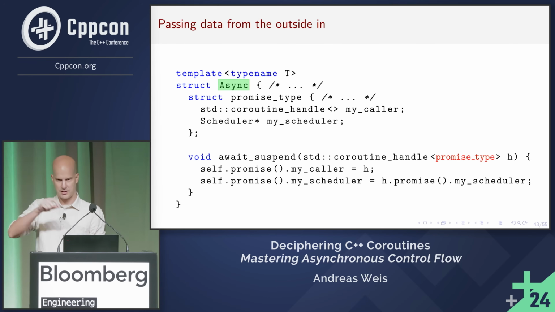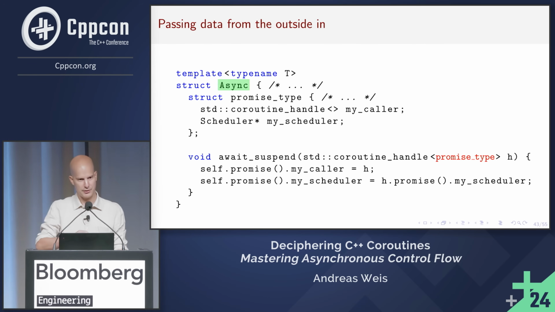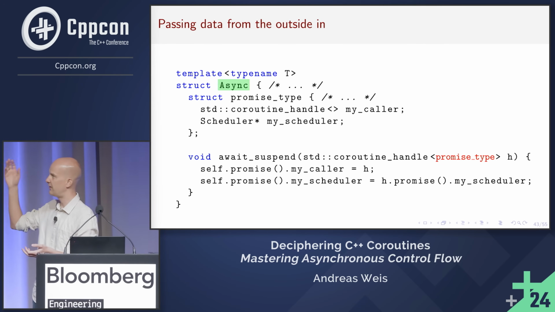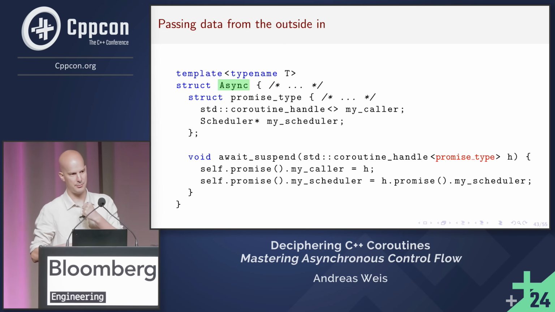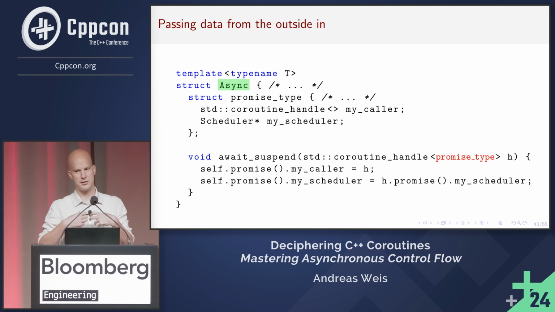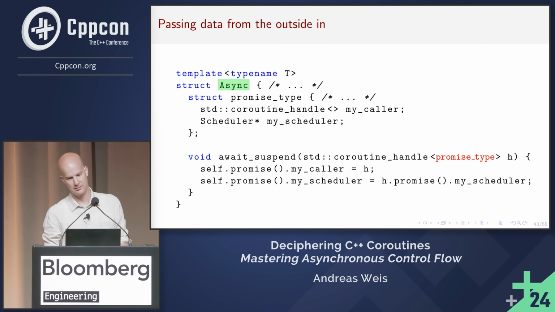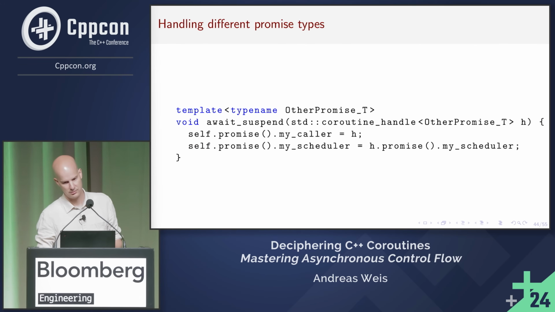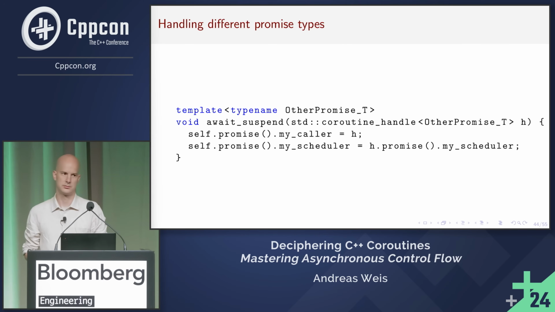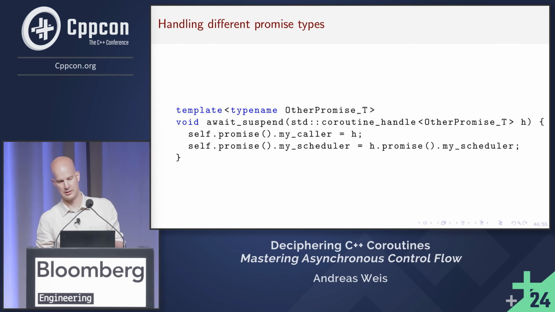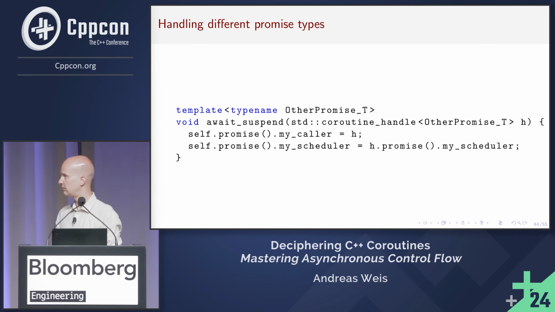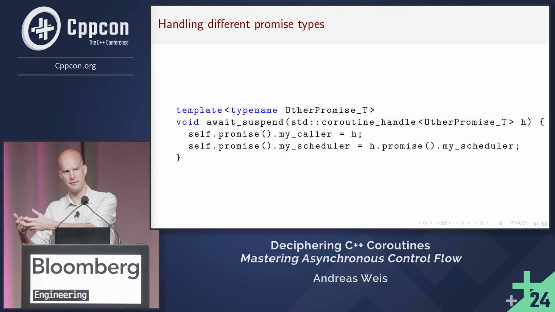So if the caller and the inner function have different return types, that means they have different async objects. And since the promise is a nested type in the async objects, they will also have different promise types. So I need to use a template here. There's two different promise types here. This is the other guy's promise, so it's a different type.